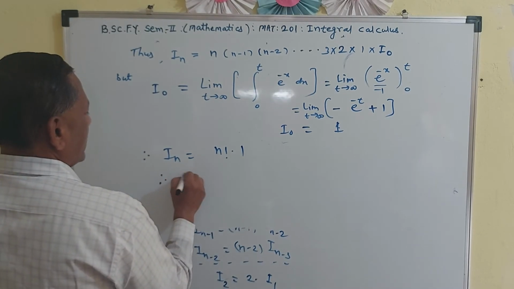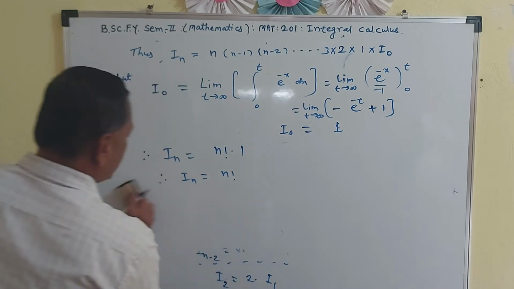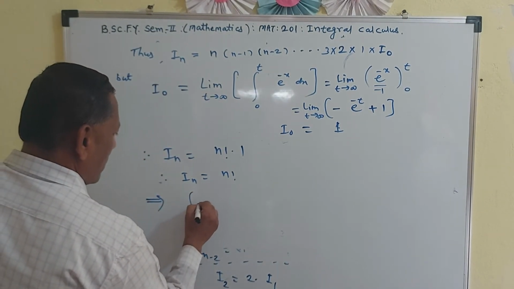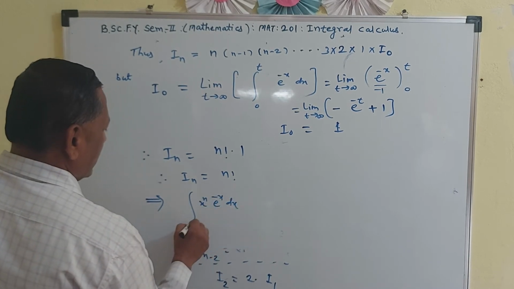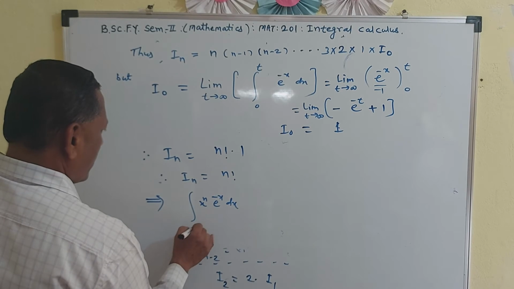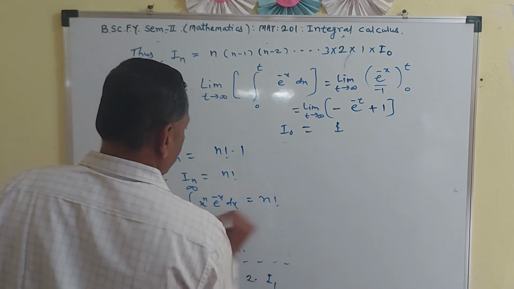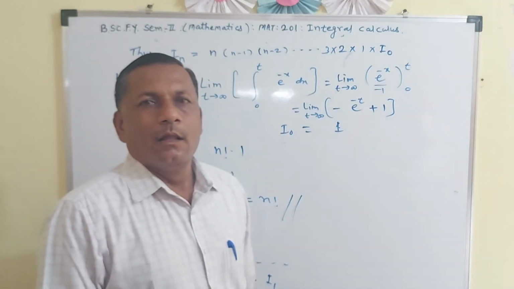Therefore In is equal to factorial n. But what is In? In is the improper integral. So this implies the integration of x raised to n e raised to minus x dx, with x going from 0 to infinity, is equal to factorial n. So in this way we have the result.